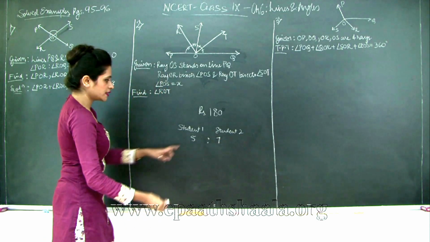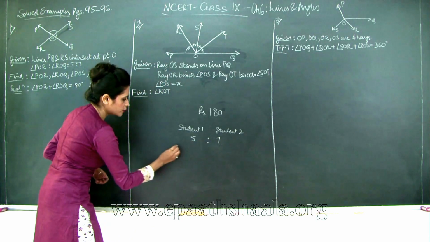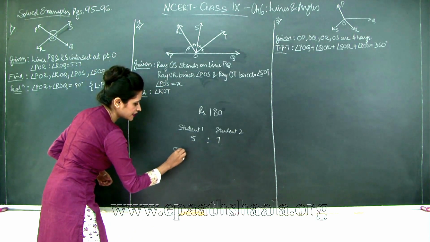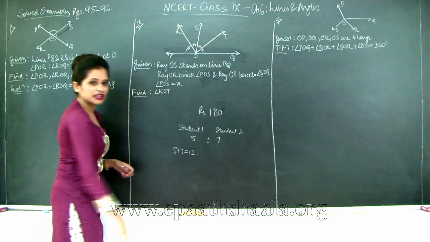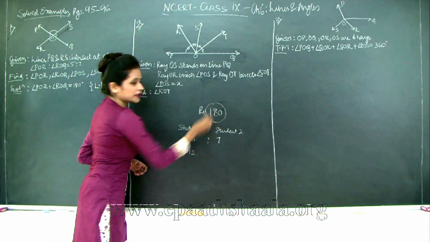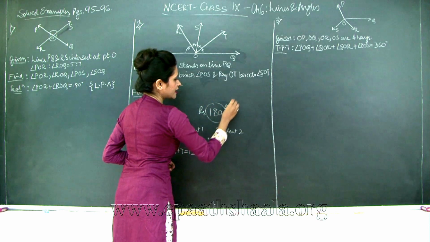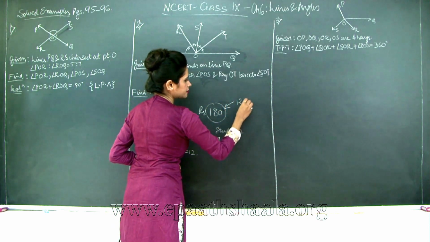So what I'm going to do is add 5 plus 7, which is 12. That means now my 180 rupees is divided into 12 parts.